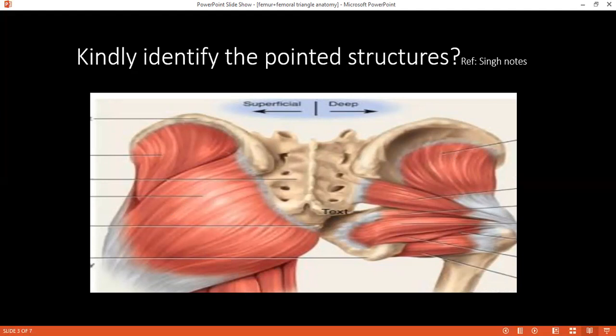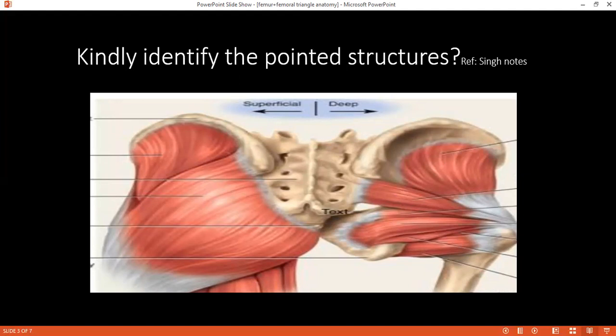If you can identify this muscle. This is gluteus minimus, okay. If you can identify this muscle, please. Piriformis. Yes.